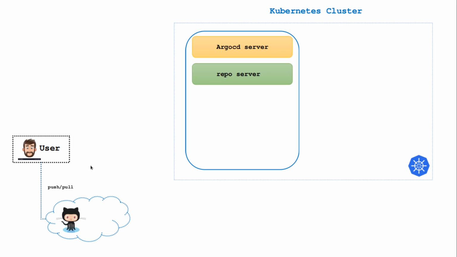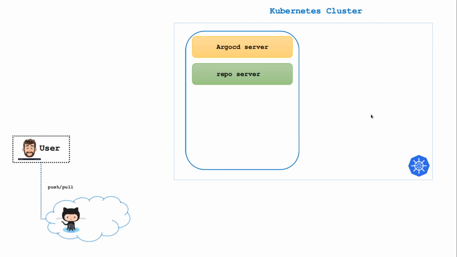And we have the Argo CD repo server, the component that ensures the communication with the external repo like GitHub, GitLab or Bitbucket. It maintains a cache of your GitHub repository, so when we have a change in our GitHub repository, the repo server compares the change with what we have in our cluster.